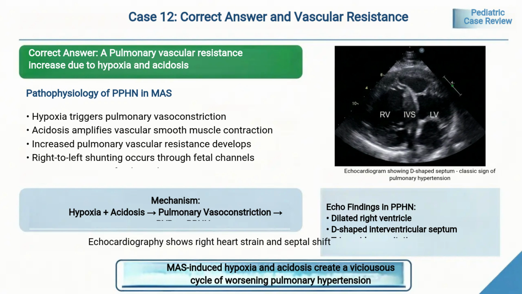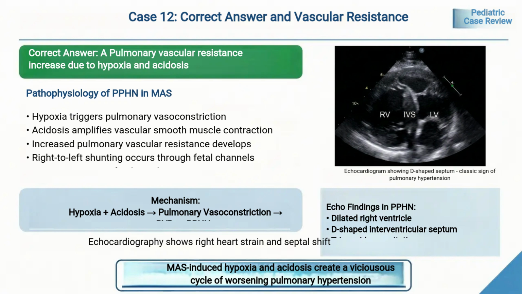The pathophysiology of persistent pulmonary hypertension of the newborn in Meconium Aspiration Syndrome follows a specific cascade. Hypoxia triggers pulmonary vasoconstriction. Acidosis amplifies vascular smooth muscle contraction. Increased pulmonary vascular resistance develops. Right-to-left shunting occurs through fetal channels, and this creates a persistent fetal circulation pattern.